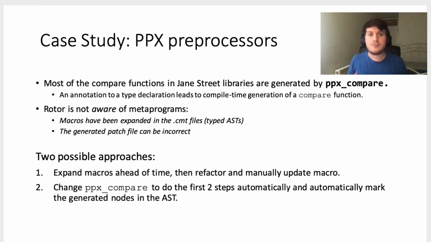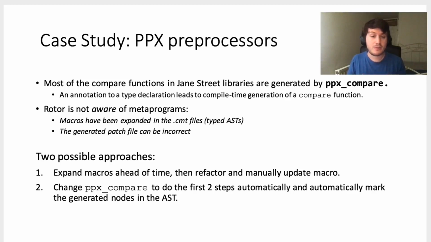In our case, most of the Jane Street compare functions are in fact automatically generated by the ppx_compare preprocessor, where an annotation to a type declaration leads to the generation of a compare function for this type at compile time. And an issue we found with this is that Rotor is not aware of metaprograms.